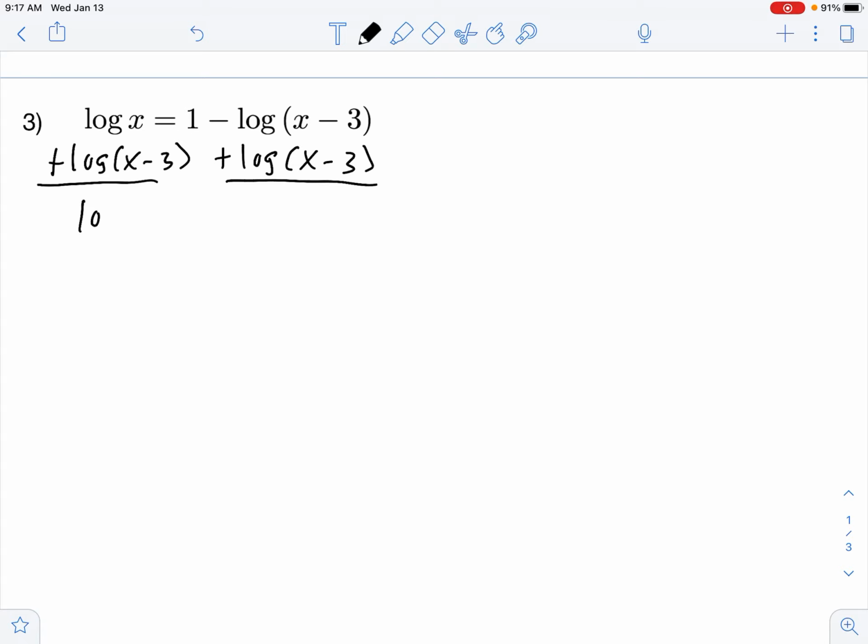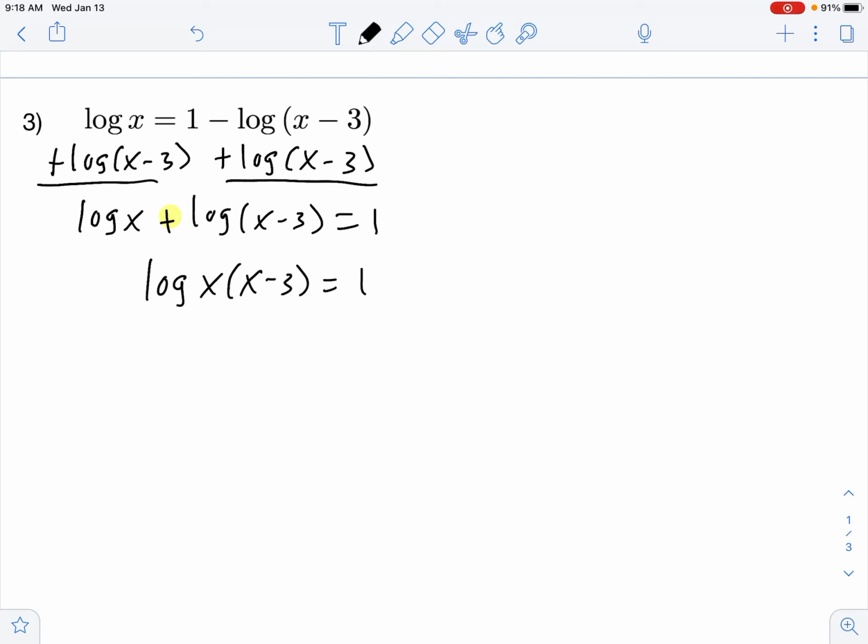And what I get is log x plus log x minus 3 is equal to 1. If you recall, addition with logs is multiplication when we condense it. So this is going to be log x times x minus 3 is equal to 1.